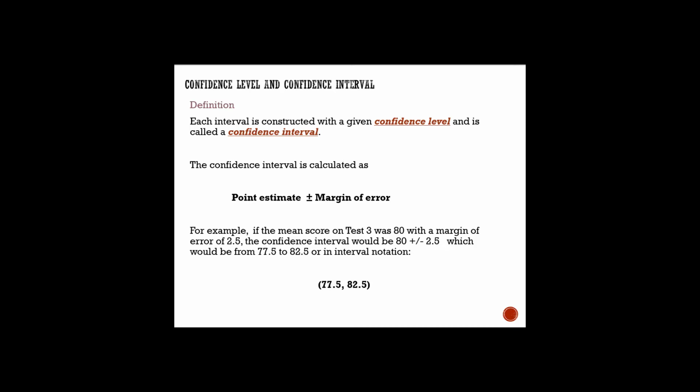So, for example, if the mean or average test score on test 3 was 80, and there was a margin of error of 2.5, well, the confidence interval would be 80 plus or minus 2.5, which would actually give it an interval from 77.5 to 82.5. And in interval notation, of course, that is a parentheses, the lower limit, which is 77.5, comma, and the upper limit, 82.5, and close parentheses.